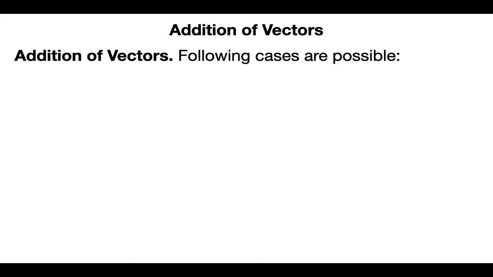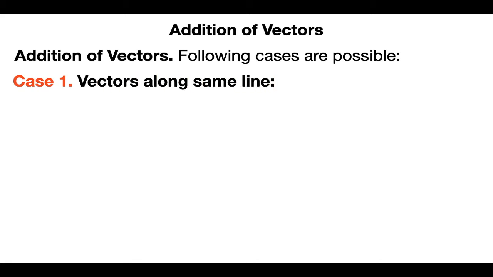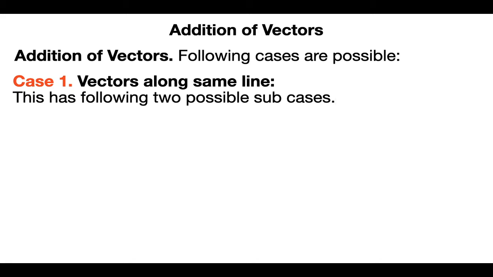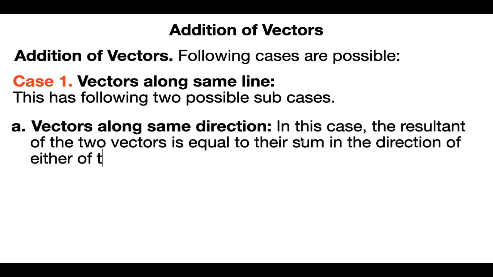Just to introduce to you the addition of vectors, different results we will get in different cases. Case 1 is very simple, vectors along same line. Here we have two possible sub cases. Vectors along same direction, same line, same direction.